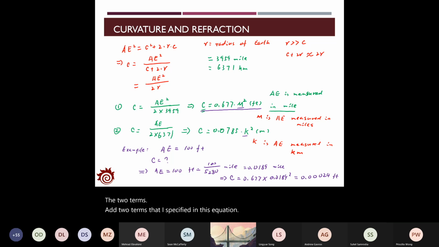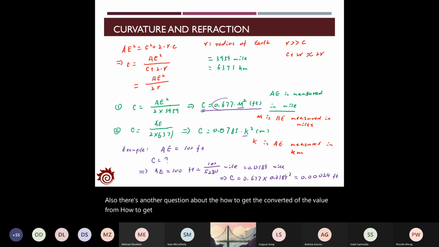There's another question about how to get the coefficients and why you have the unit of feet. This is actually a very good question. Let me give you more explanation.